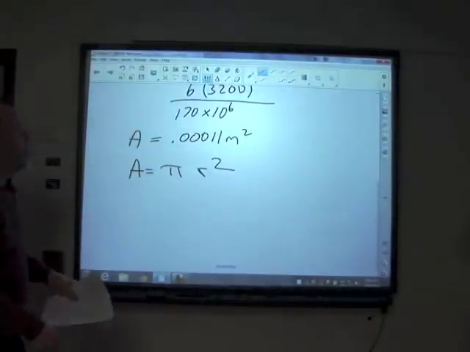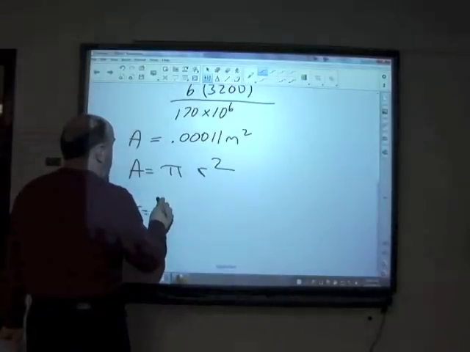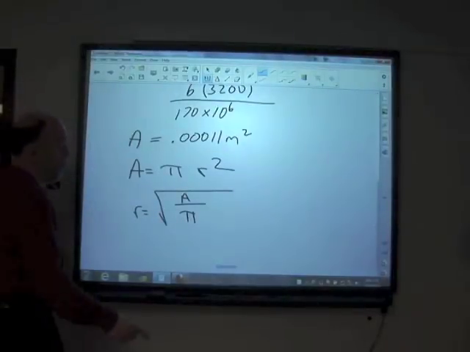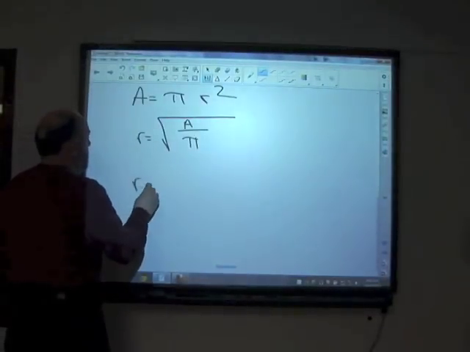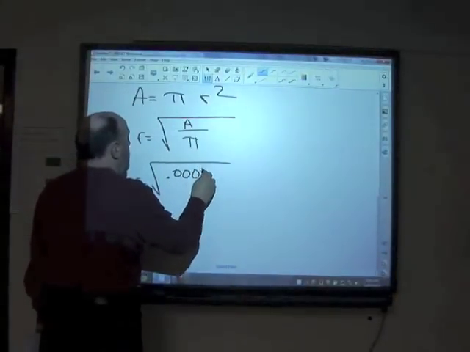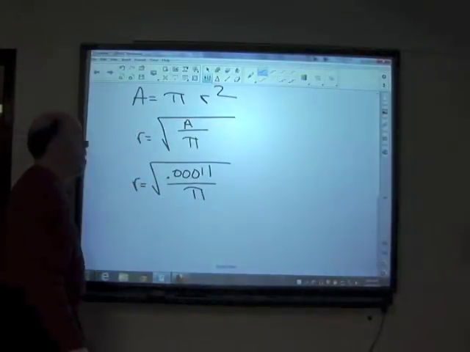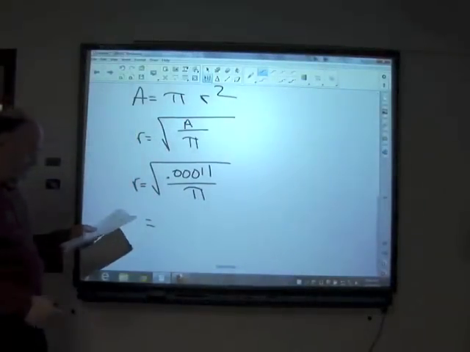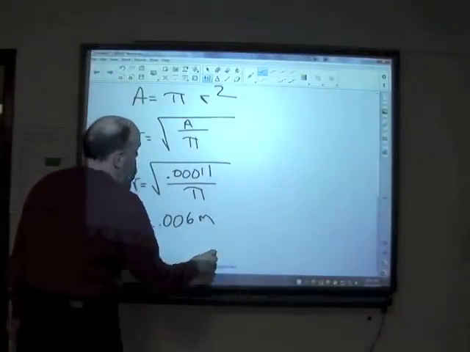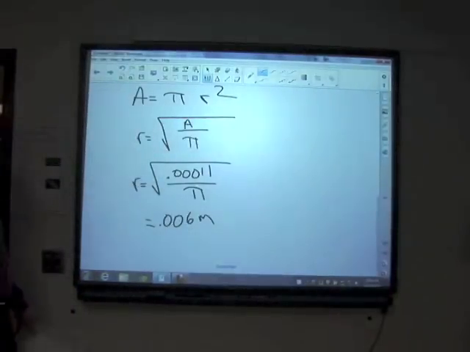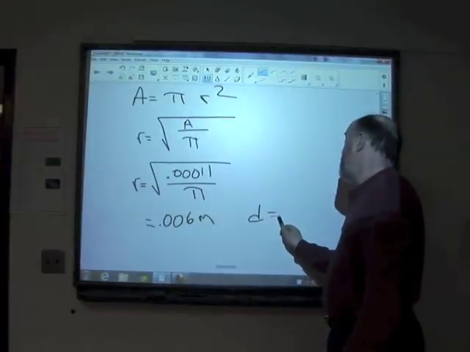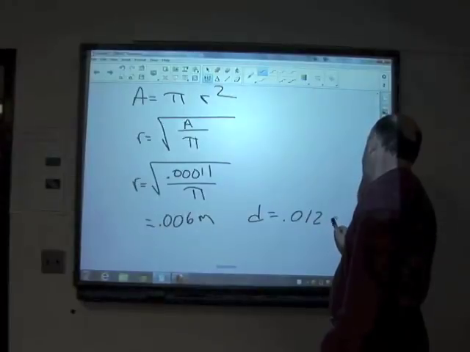We get that r will be the square root of A divided by pi. So r is going to be the square root of 0.00011 over pi. And so the radius of my wire is going to be 0.006 meters. The question wanted to know the diameter, and the diameter is going to be twice the radius, so you get 0.012 meters.